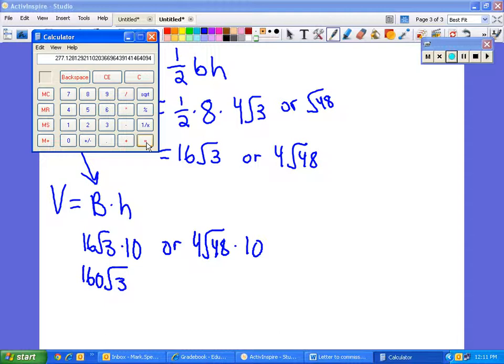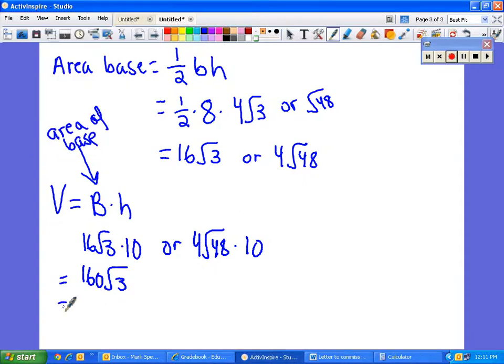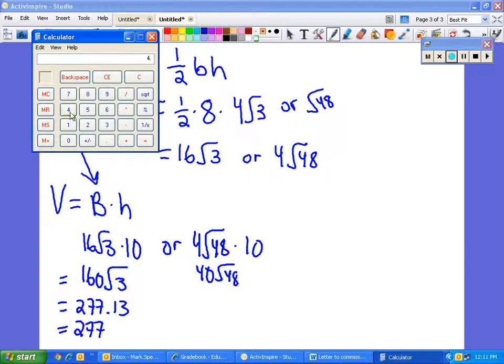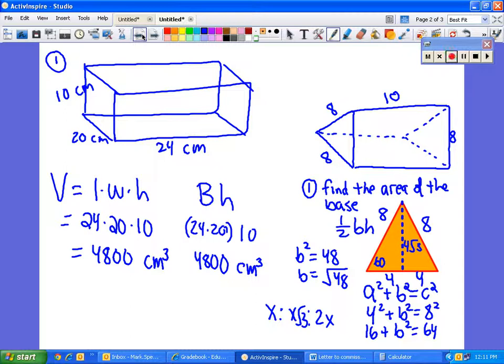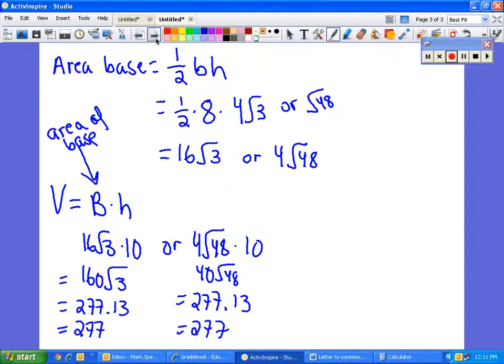We want it rounded to the nearest whole number, so 277. The other way gives 40 times the square root of 48. And this question doesn't tell me my units. The book has inches. So my answer is 277 inches.